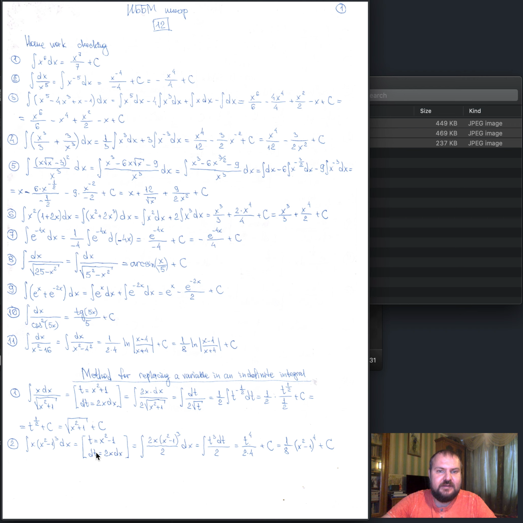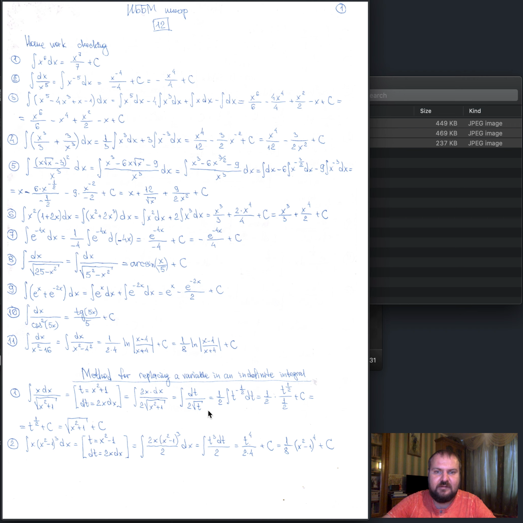We find the differential, it is of course 2x dx, and so we make a change. Here we get 2x dx, it would be dt, and here we get t cubed.